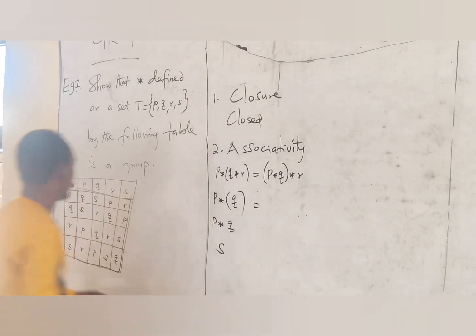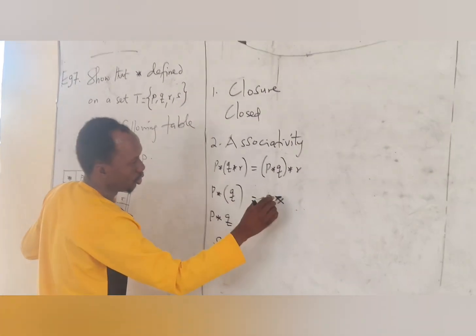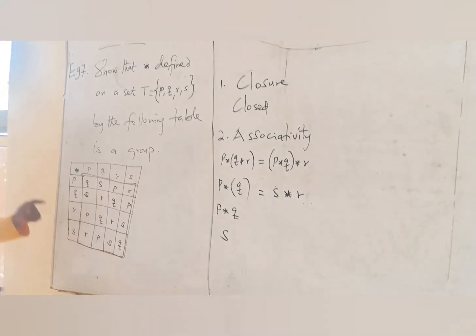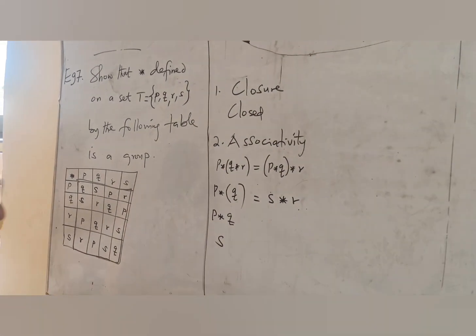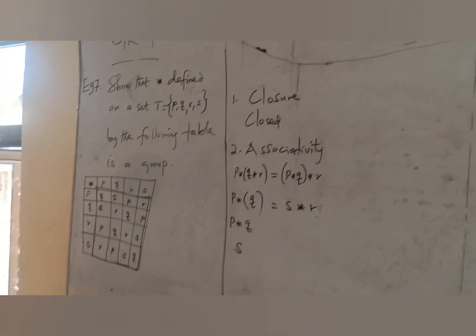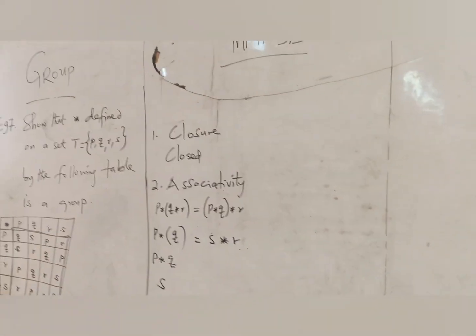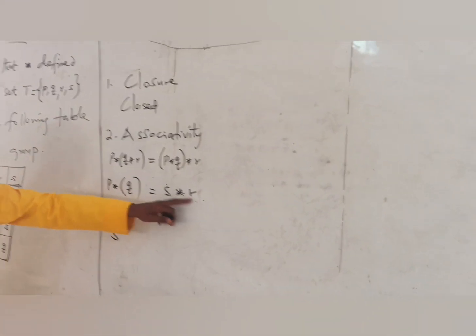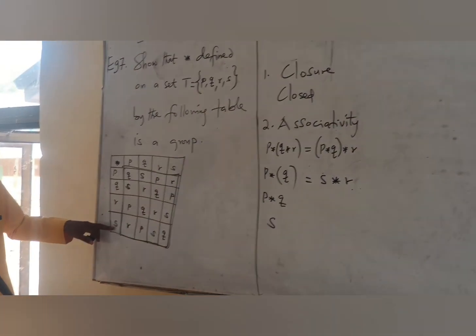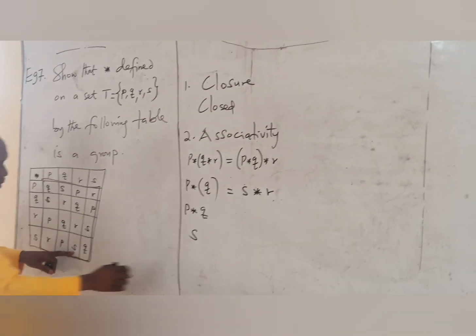P operation Q is S. Operation R. So we are going to find S operation R. Hey, my friend, put the pen down. So S operation R. Where is S? S is here. R is here. S operation R. What do we get? S.